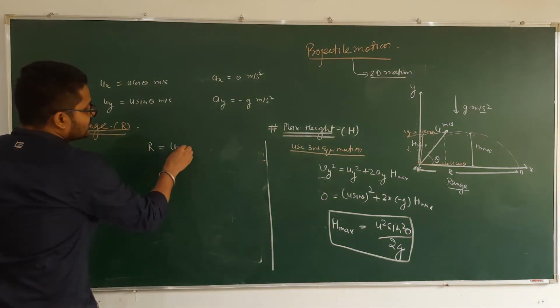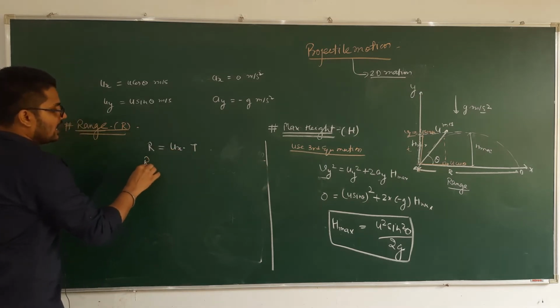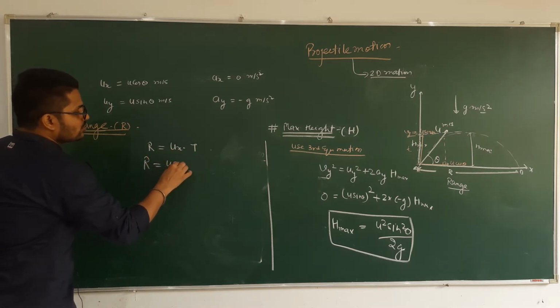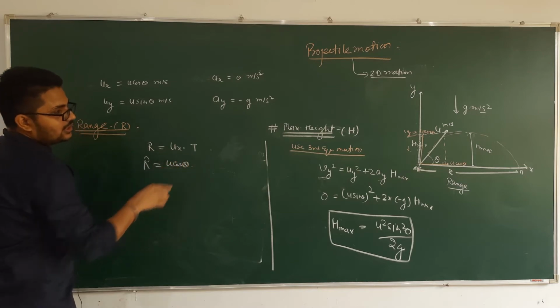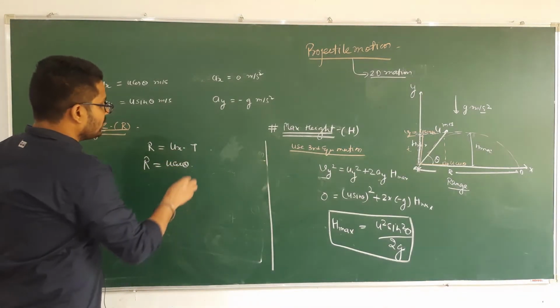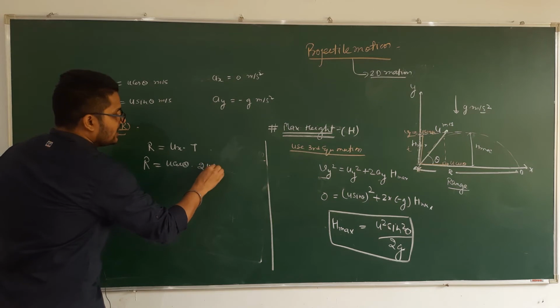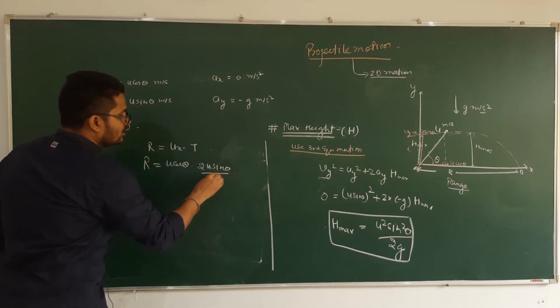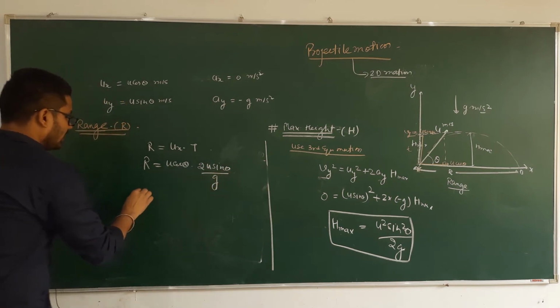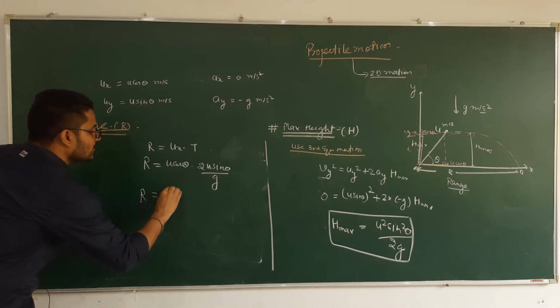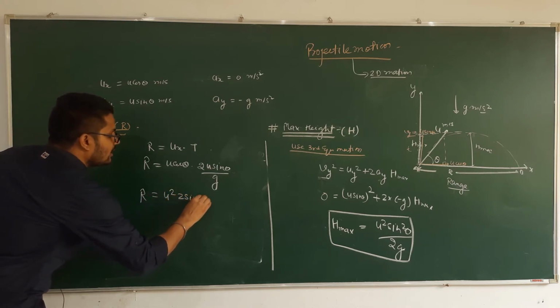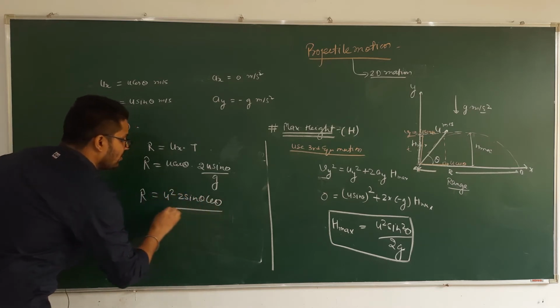So r is equal to ux times T, where ux is u cos theta and the time of flight we calculated earlier is 2u sin theta upon g. So the range is u square 2 sin theta cos theta upon g.